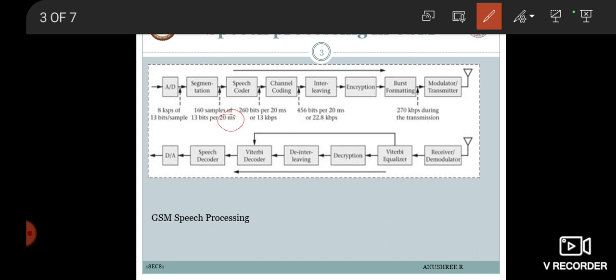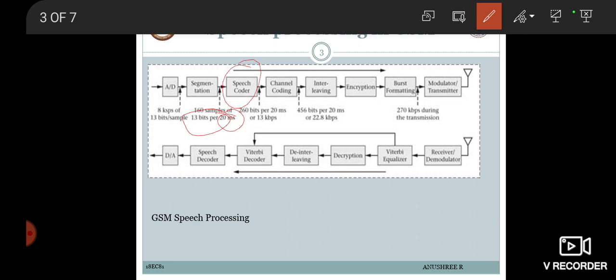It is then coded to reduce the bit rate and to control the errors. This process produces 8,000 samples per second of 13 bits each, or 160 samples of 13 bits per 20 milliseconds.